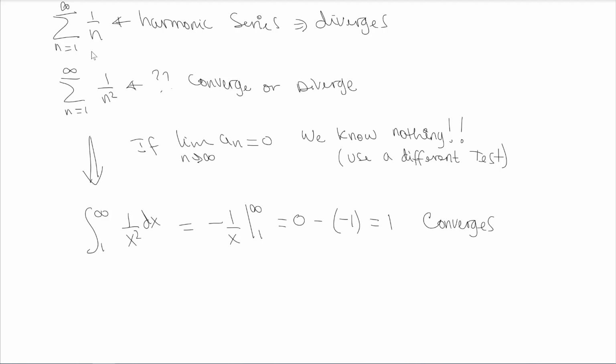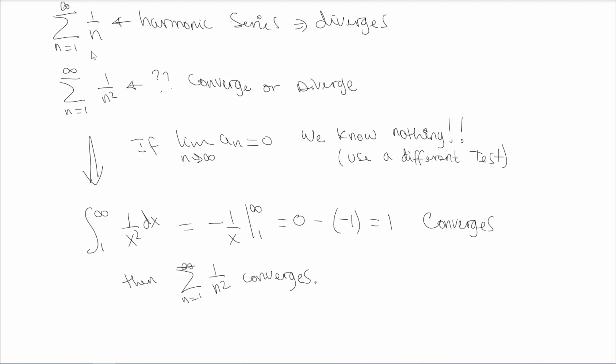And if you look at that series, we're going to compare what the terms look like. But this integral essentially approximates the series. So we can say then, since the integral converges, then the series will converge as well. Converges, since the integral converges.